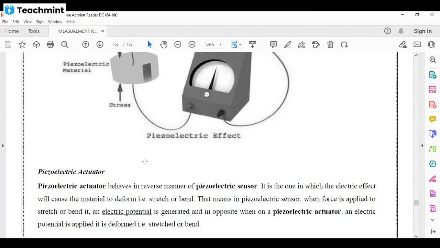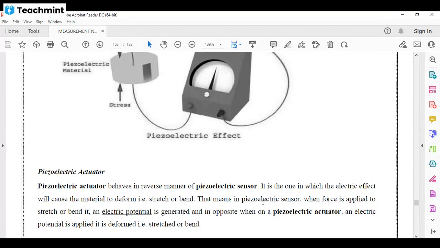So the piezoelectric actuator actually behaves in the opposite or reverse manner of the normal piezoelectric sensor, in which an electric effect will cause the material to deform, stretch or bend.